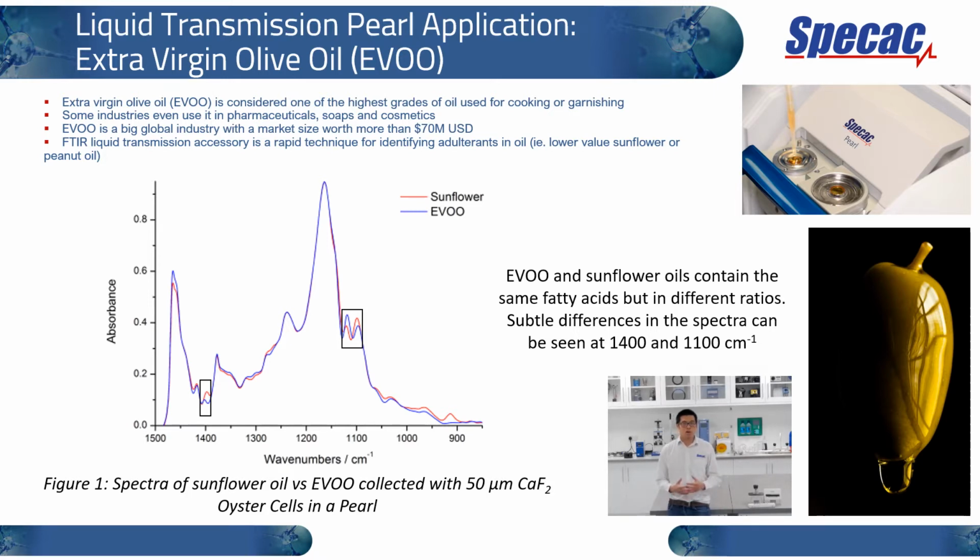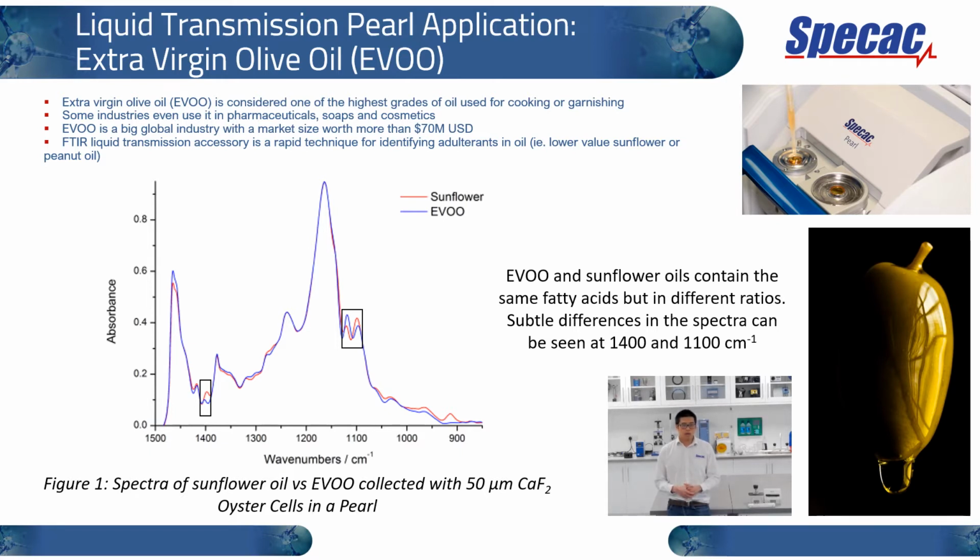So there's a big market for EVOO, with the market size worth more than $70 million at the time of writing this application note. And the PEL liquid transmission accessory provides a rapid solution for the identification of adulterants used in EVOO, for example, a lower value sunflower oil or peanut oil.